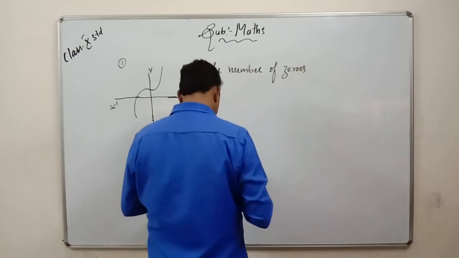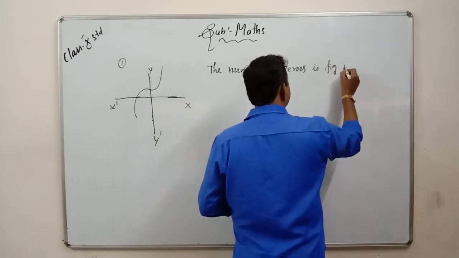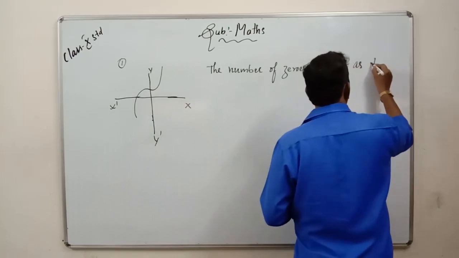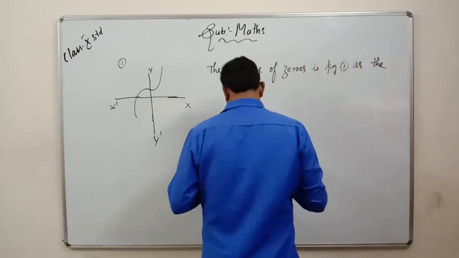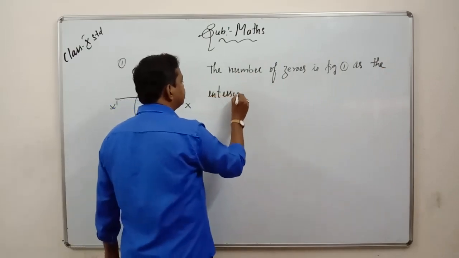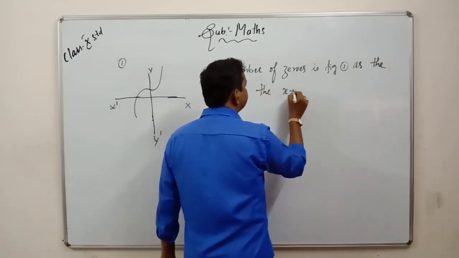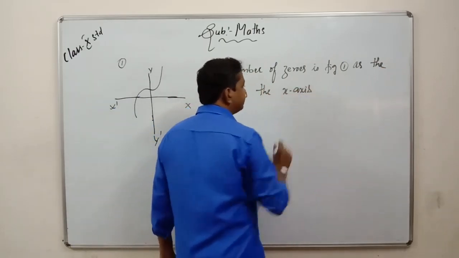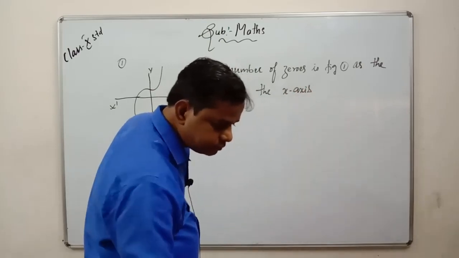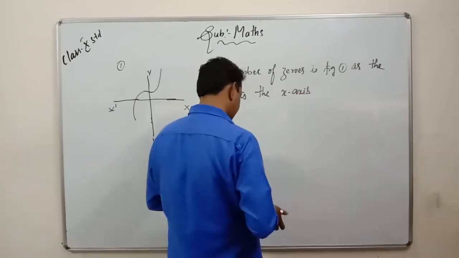The number of zeros in figure 1, as the graph intersects the x-axis at point 1.